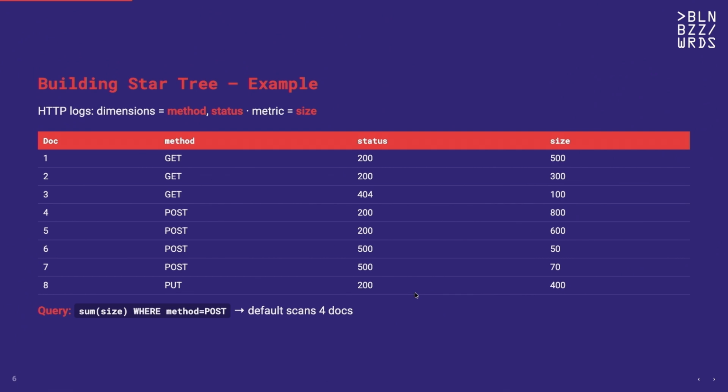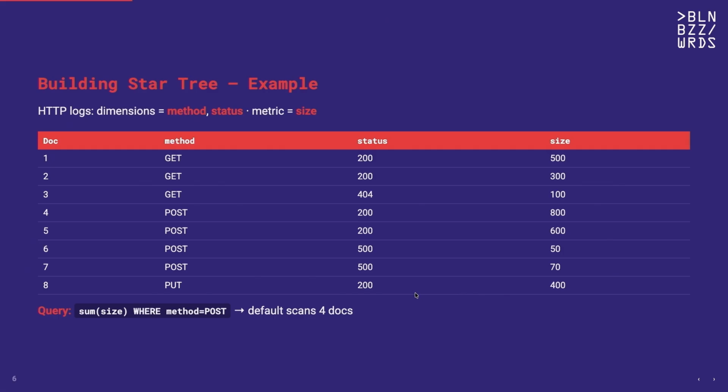This doesn't sound bad with just 8 docs, but let's say you had 400 million post requests. You'd scan all 400 million matching post requests and sum up the size values for all those documents, and that is where the seconds come from.